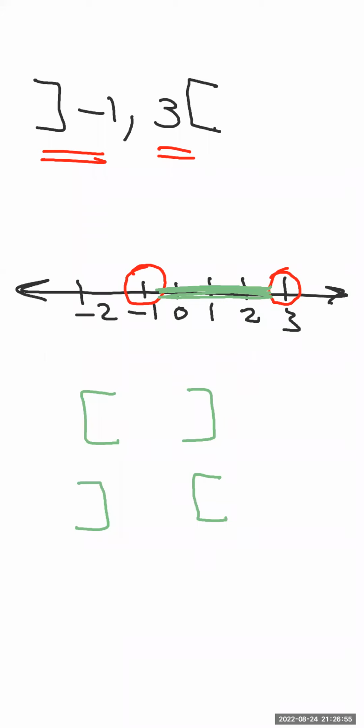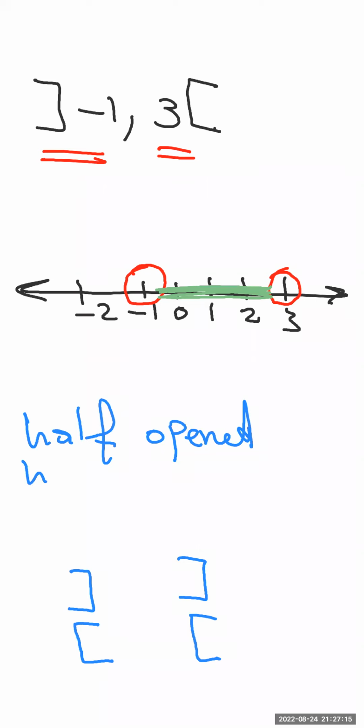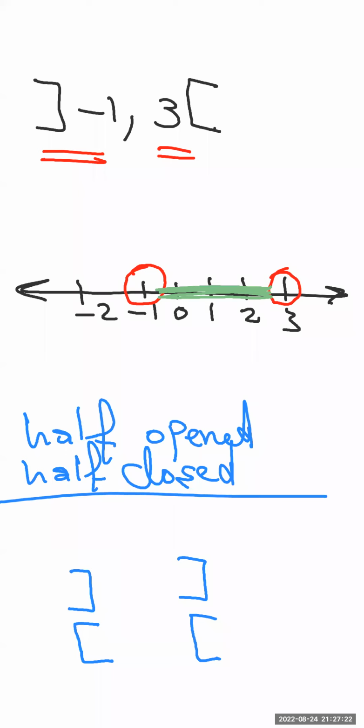If it was closed from one side and open from the other, or open from one side and closed from the other, this one, guys, is a half open, half closed interval. Or we can say it's half closed, half open. No difference. Okay, so what do you think? How to represent this one?